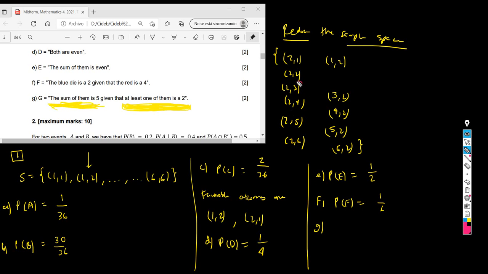Not this, not this, this, not this, not this, not this, not this, this, not this, not this, and not this. So it's just 2 favorable out of 11. The probability of G is 2 favorable outcomes out of 11 possible ones. Why 11, and no longer 36? Because you have a reduced sample space, because this is a conditional probability. And that solves this problem.